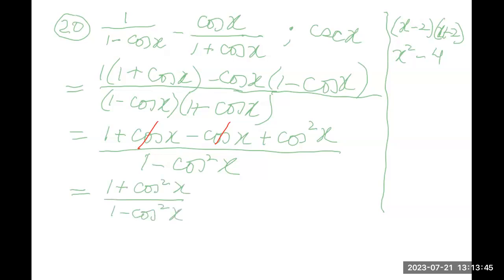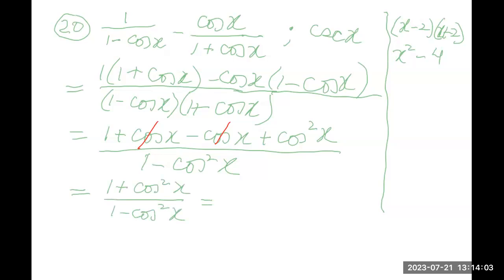Now, cosecant, remember, is the reciprocal of sine. So instead of the cosine squares, we want to have sines in these expressions.